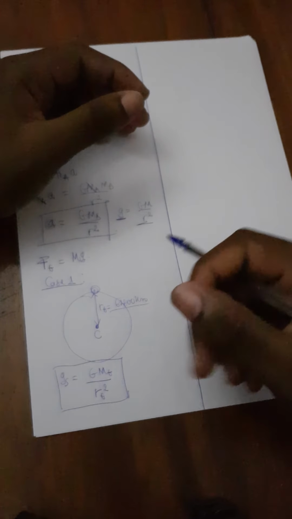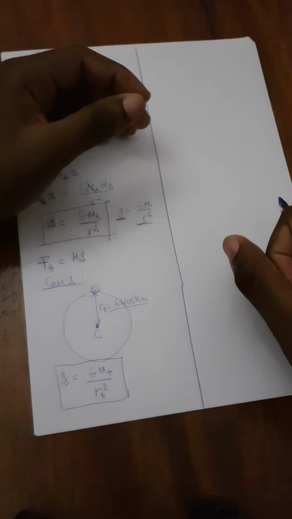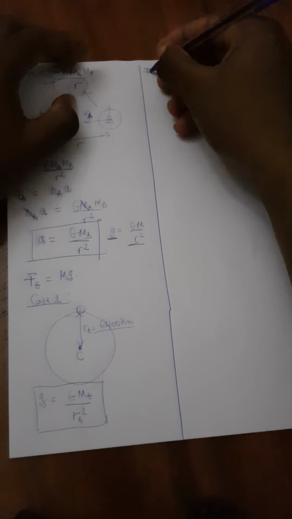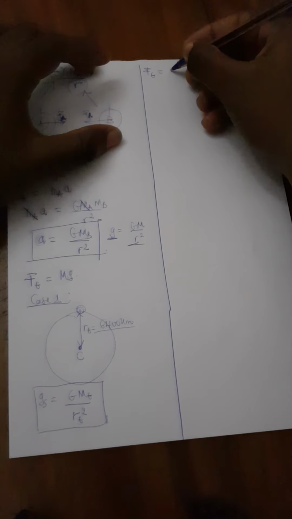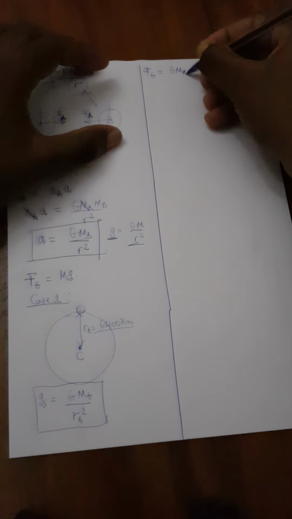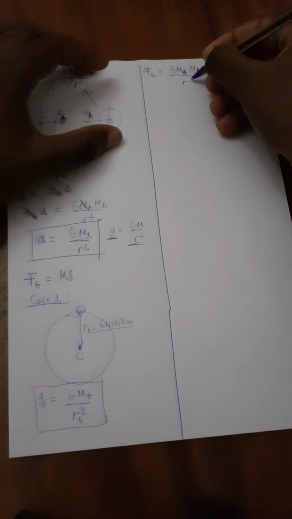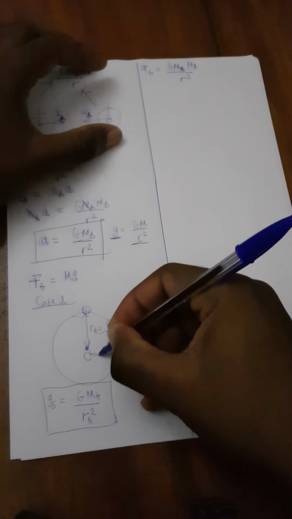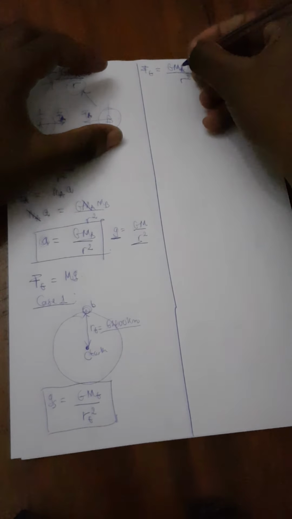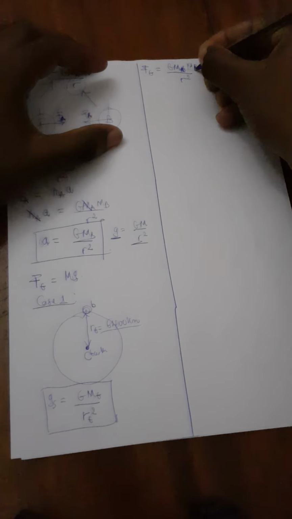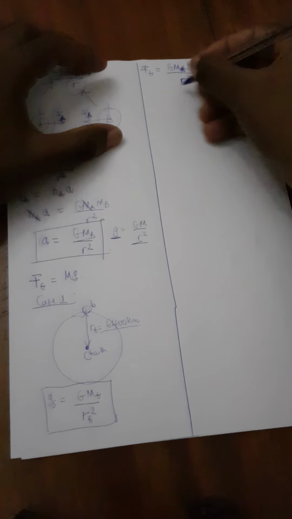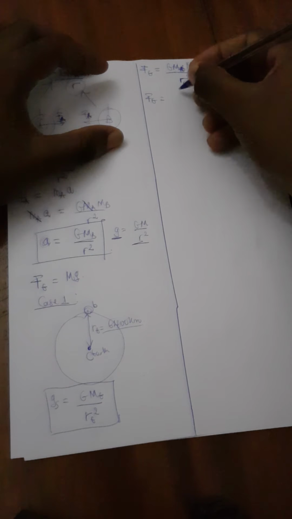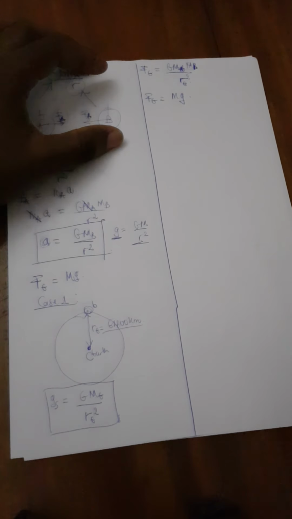So how did I get this formula? We initially agreed that gravitational force is given by G m of a certain body A times m_B all over r squared. In this case, I have the Earth and I have my body B. So it will be G m of the Earth times the body B all over r separating them, which is r_E squared. And we also have to know that Fg is equal to m times the gravitational field strength.